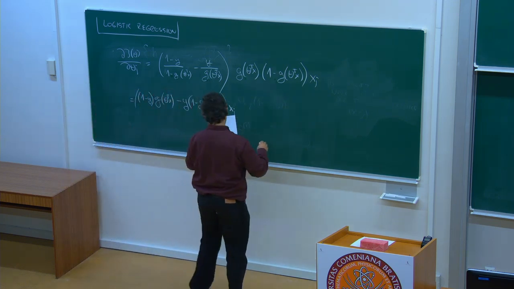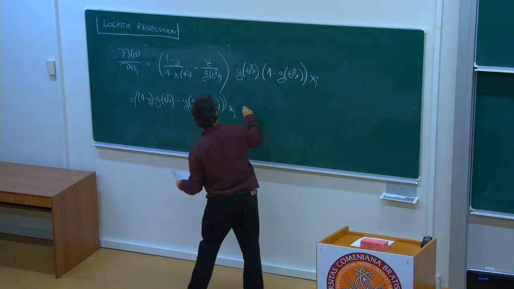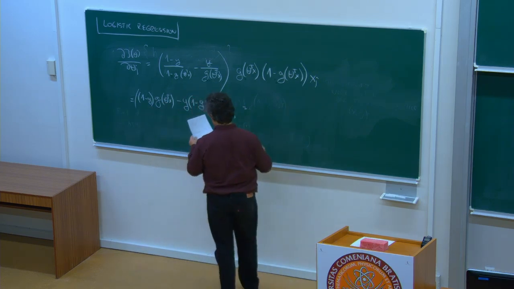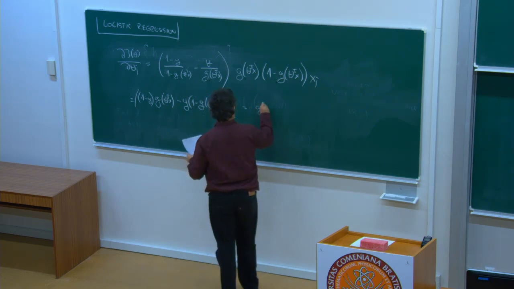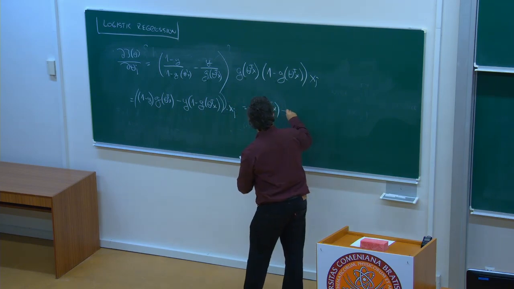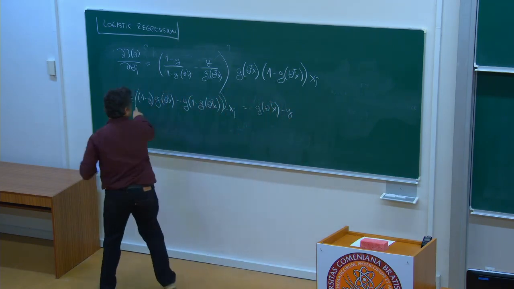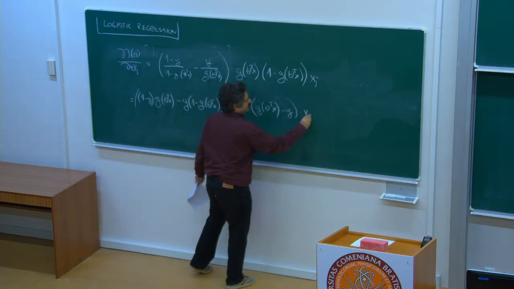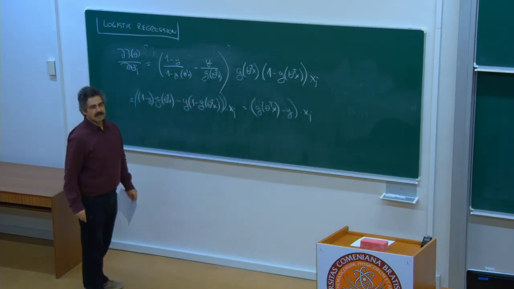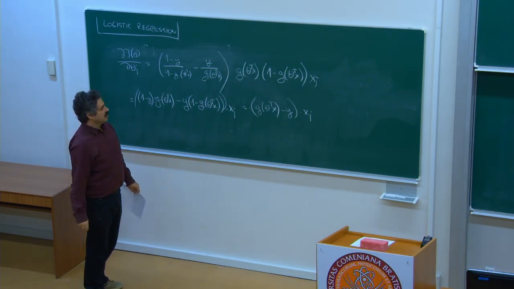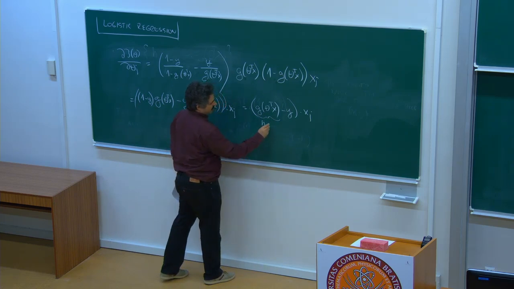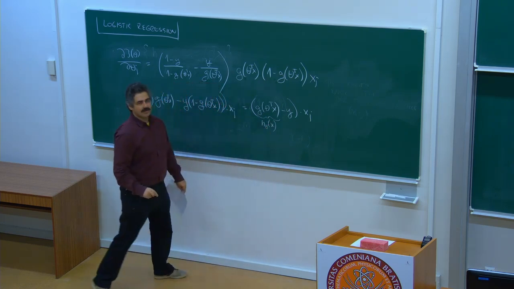The only thing that stays is g theta x minus y, this part after the expansion, and this is times x. So what is this? This is simply the value of our function, right? So this is h theta x.